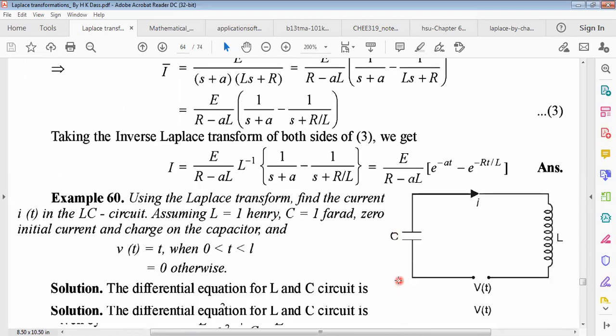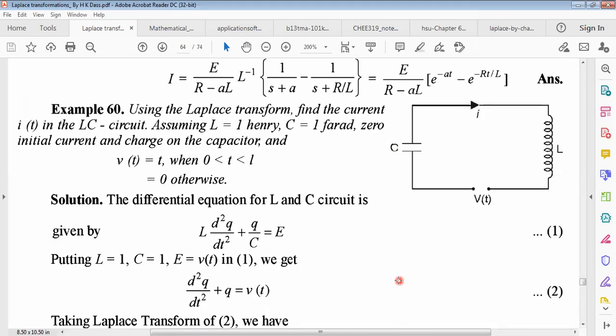Very easy for you. Now third example, using the Laplace transform, find the current i in the LC circuit using L equals electric inductance 1 Henry and C equals 1 Farad capacitance, and zero initial current and charge on the capacitor.